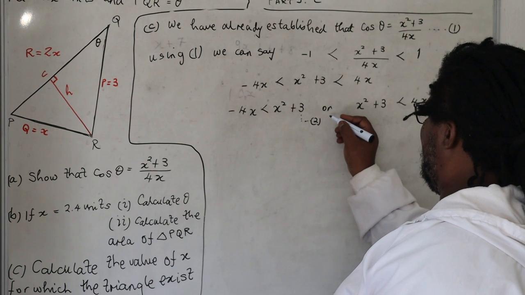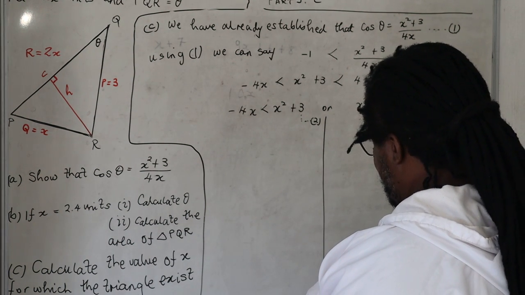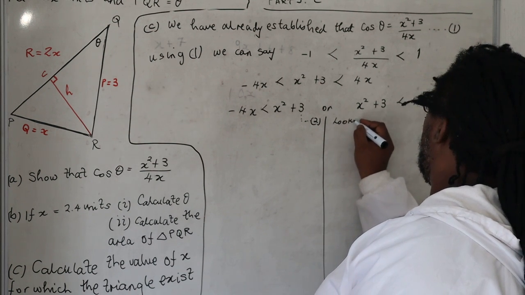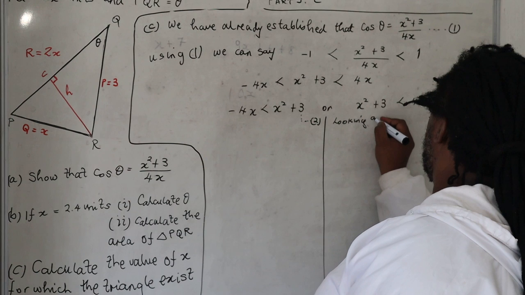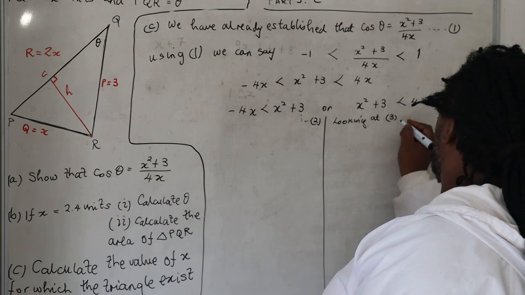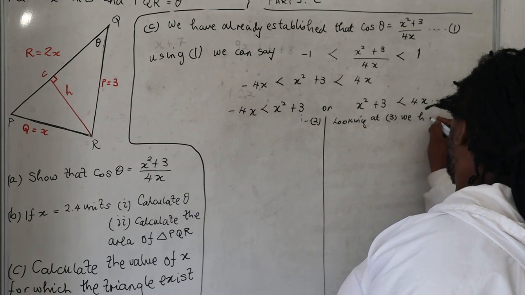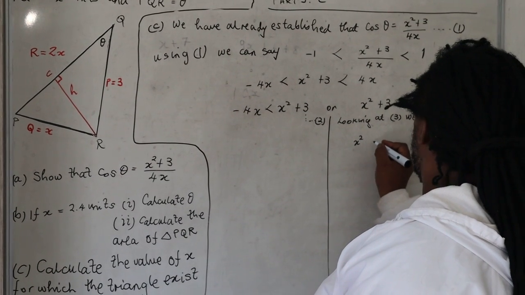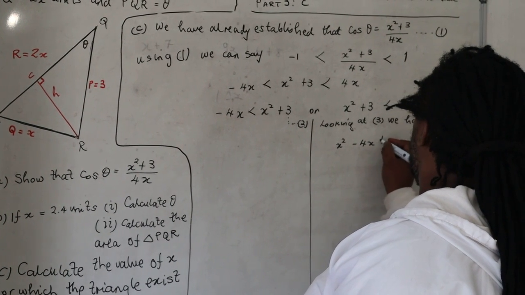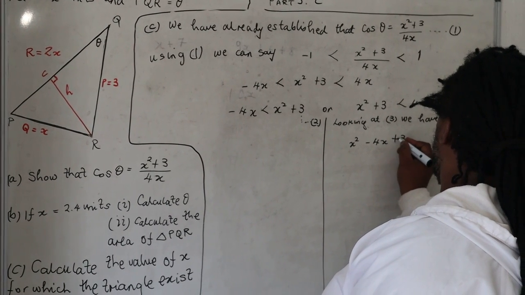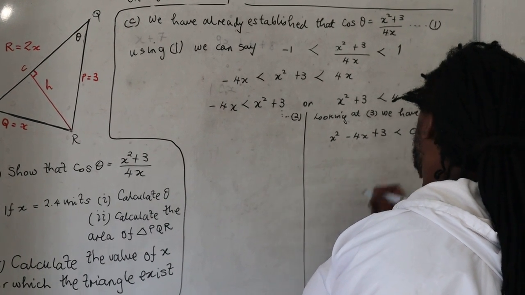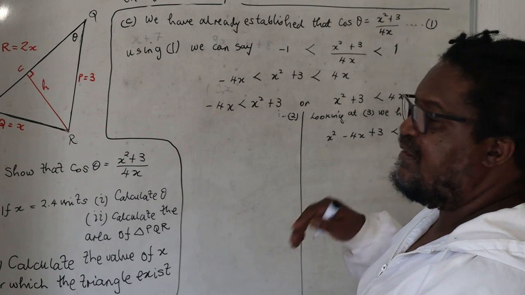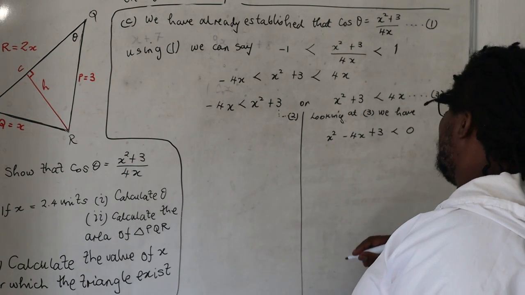So we can basically drop a line there, and then looking at 3, we have x squared minus 4x plus 3 is less than 0. You just take 4x from the right hand side and put it to the left hand side.